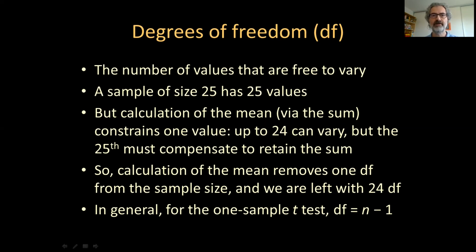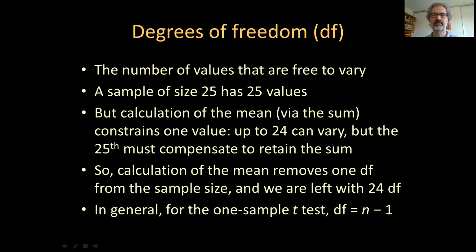So the 25th value is not free. It is constrained by the sum to change in accordance with any other changes. So you only have 24 free values, and that's 24 degrees of freedom. In other words, calculation of this one mean removes 1 degree of freedom from the sample size.